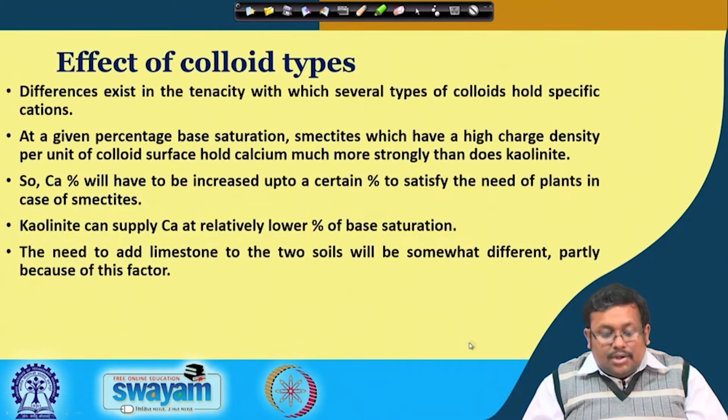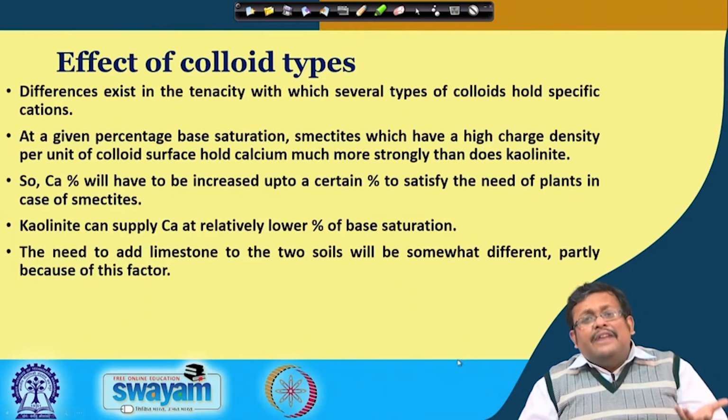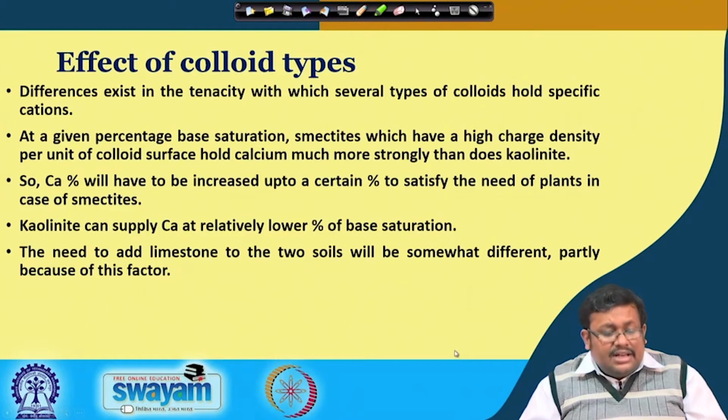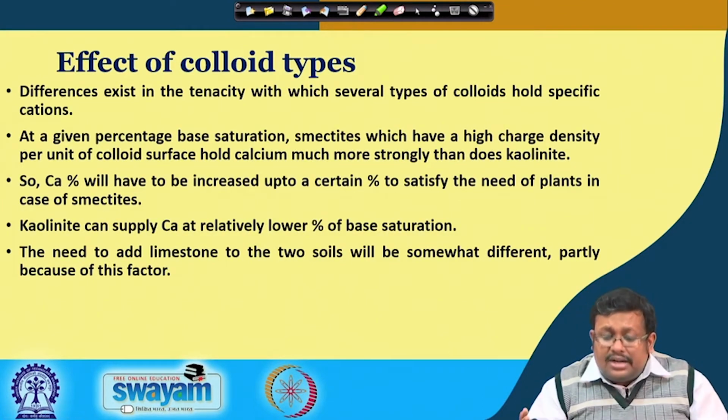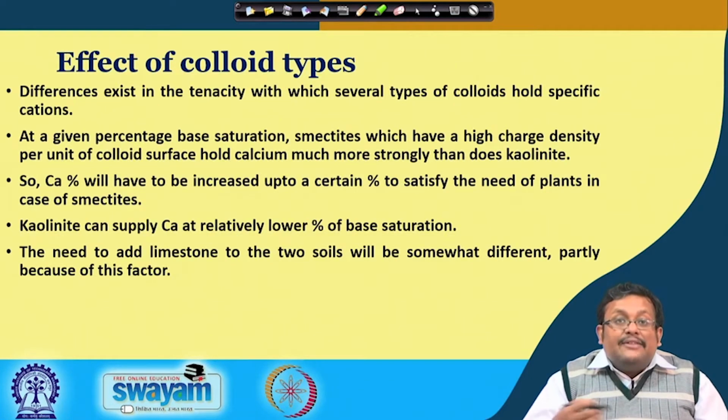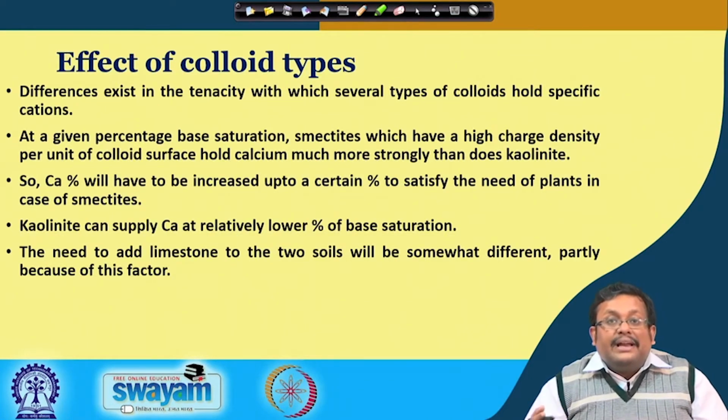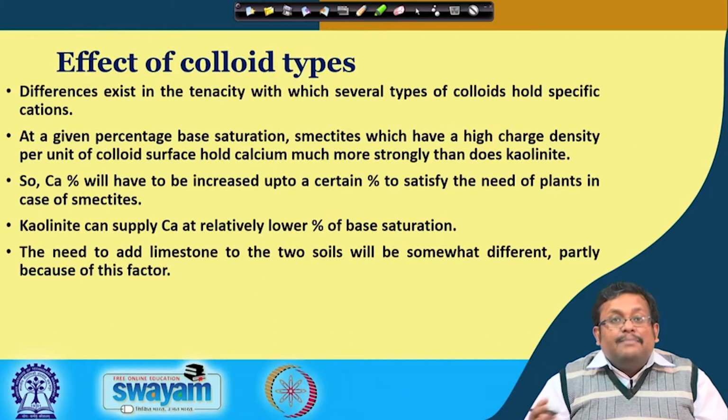Okay. So what is the effect of different colloid types? Differences exist in the tenacity with which several types of colloids hold specific cations. At a given percentage base saturation, smectites, which have a high charge density per unit of colloid surface, hold calcium more tightly than kaolinite.